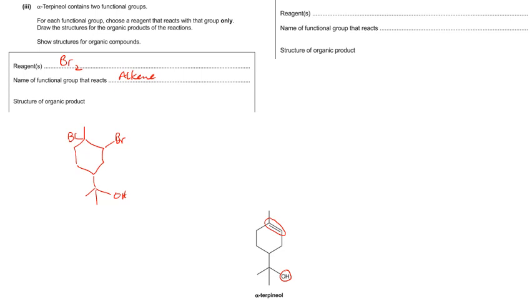So the other functional group is the hydroxyl group, and of course it's an alcohol, but let's have a look. This carbon here is attached to 1, 2, 3 other carbons, so it's a tertiary alcohol. And the functional group that reacts with it, there's a few we could choose, but bear in mind that we have to draw the organic product.